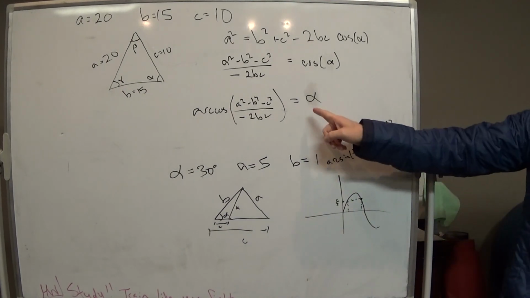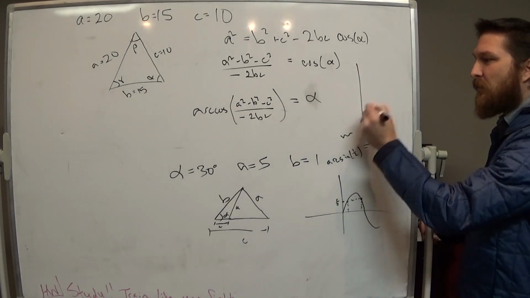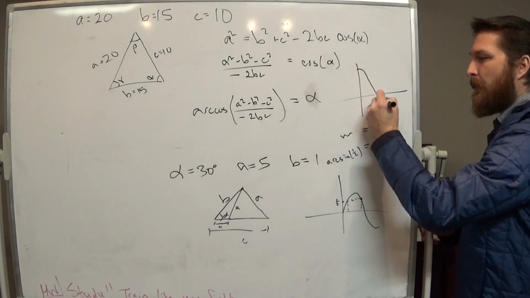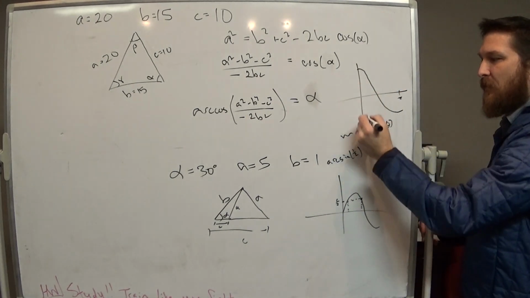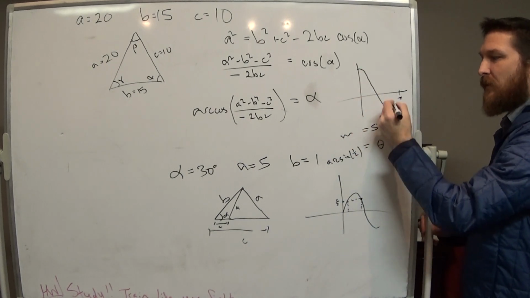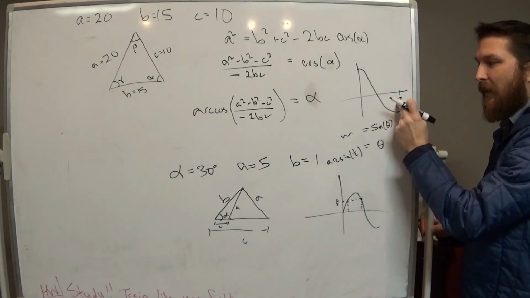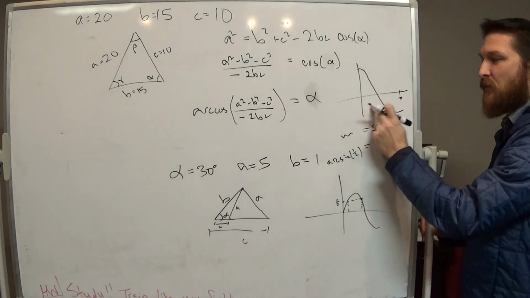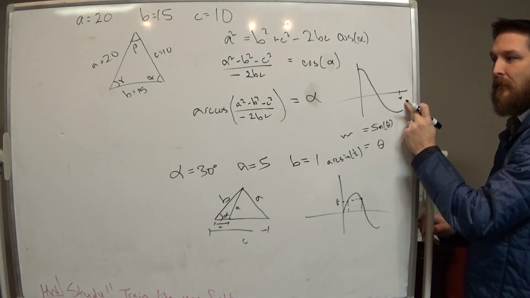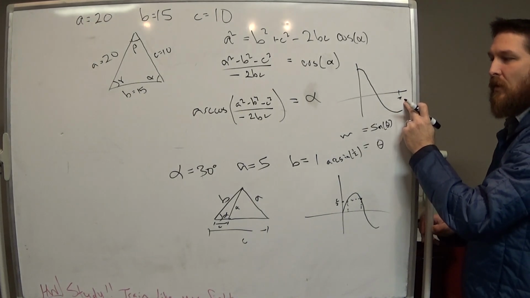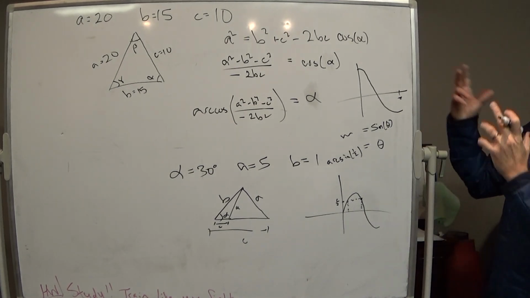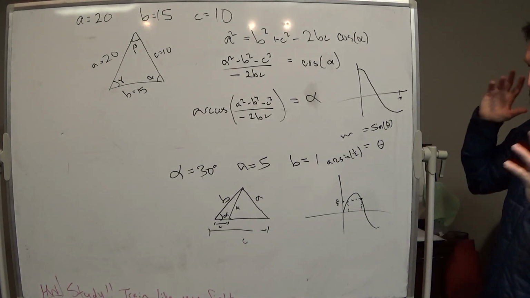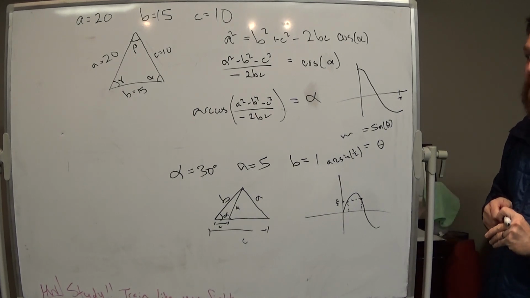The cool thing about arc cosine, think about what the cosine function does. Every possible value that you could get, it will give you values between 0 and pi, right? So you don't need to go and think, well, wait a minute, is this one or is this that one? It's just going to give it to you the way that it is.